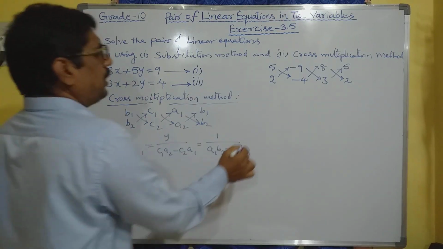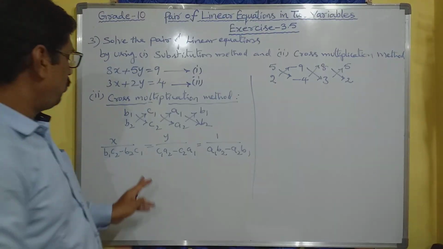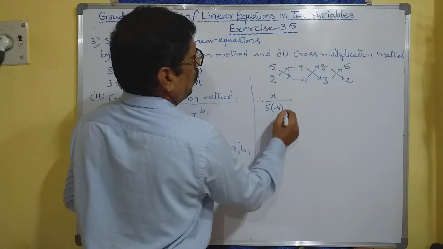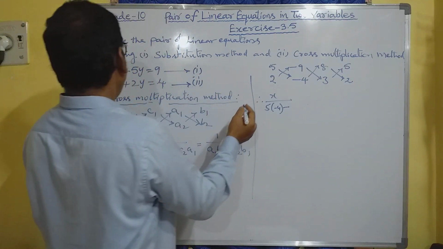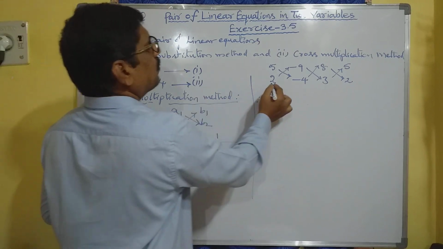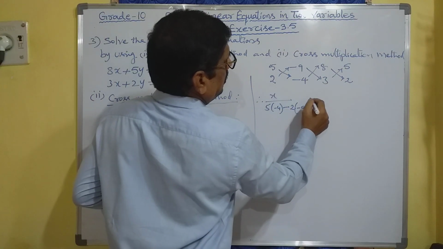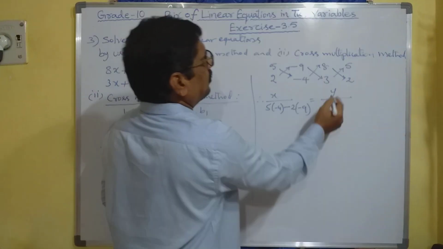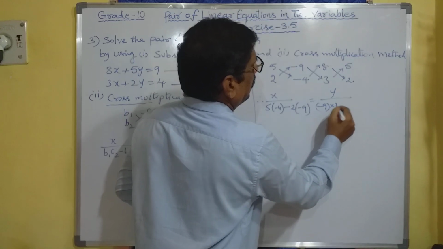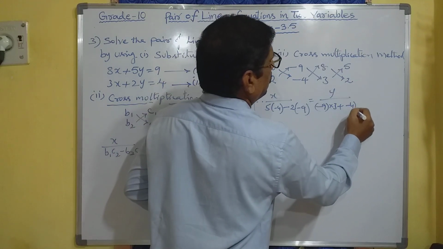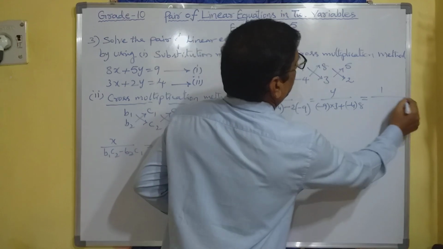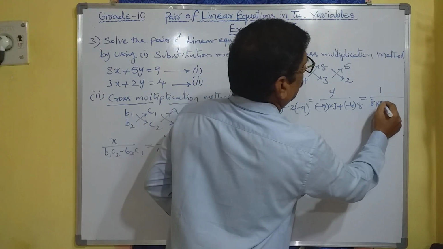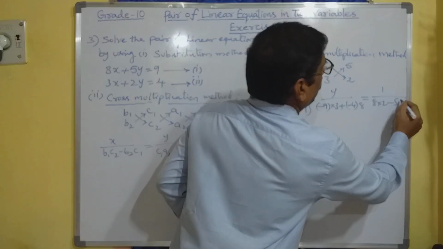Now let us write the continuation of this step. Therefore, x by b1 c2, 5 into minus 4, minus b2 c1, 2 into minus 9, is equal to y by c1 a2 minus c2 a1, minus 9 into 3 plus 4 into 8, is equal to 1 by a1 b2 minus a2 b1, 8 into 2 minus 5 into 3.